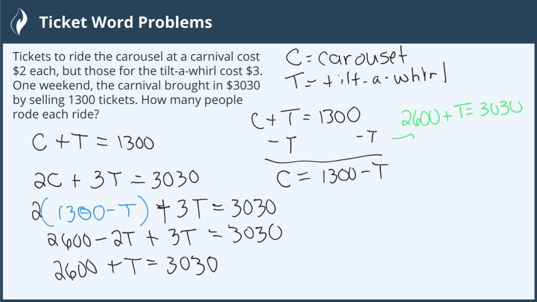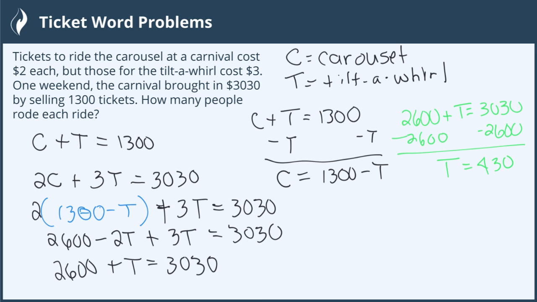Now I'm going to subtract the 2,600 from both sides. And that's going to give me T equals 430 when I subtract that out. So now we know that 430 people rode the Tilt-A-Whirl at the carnival.